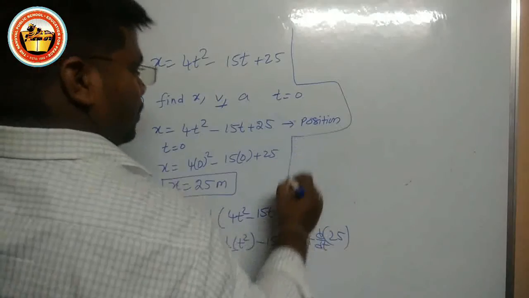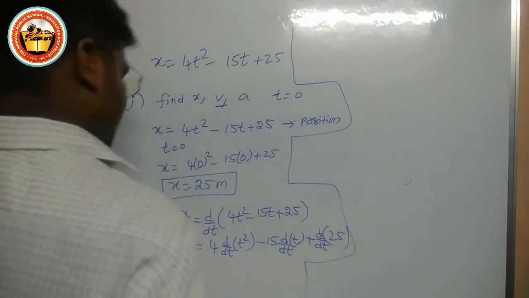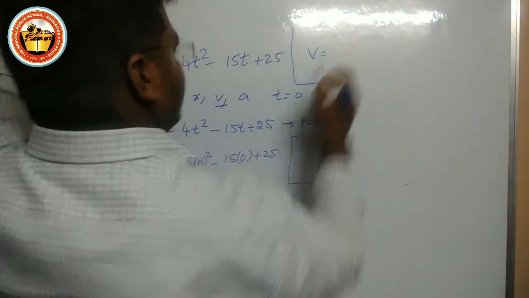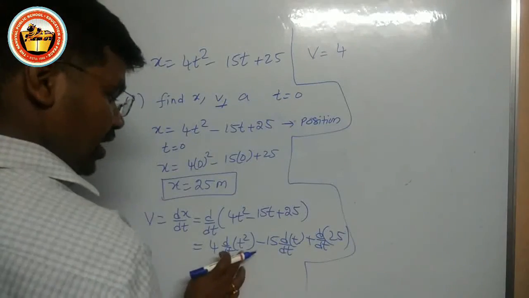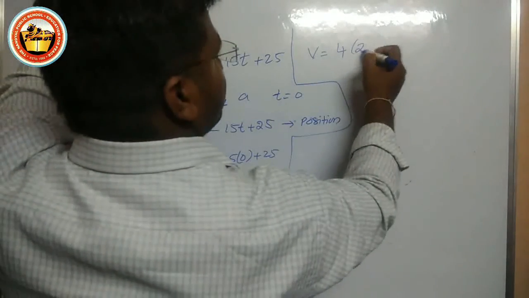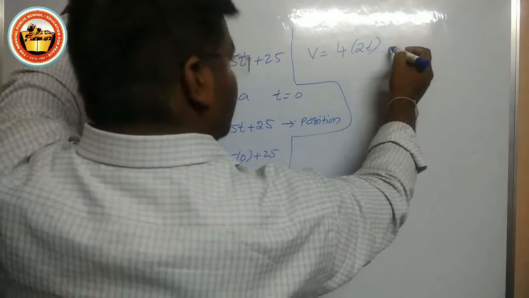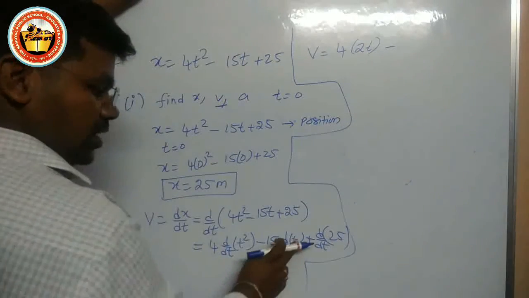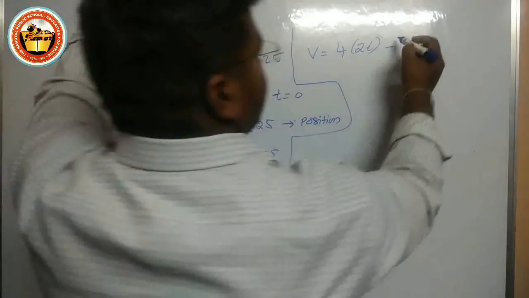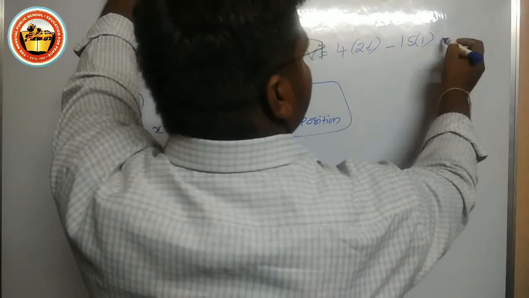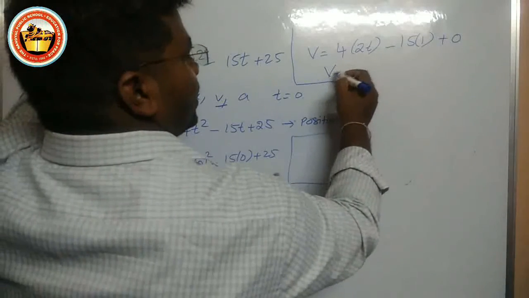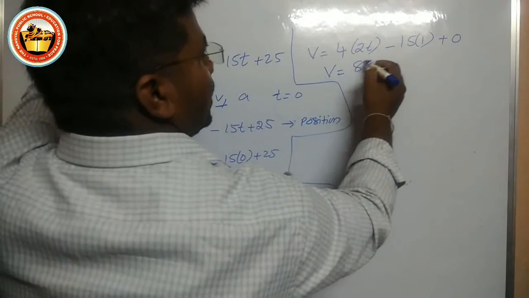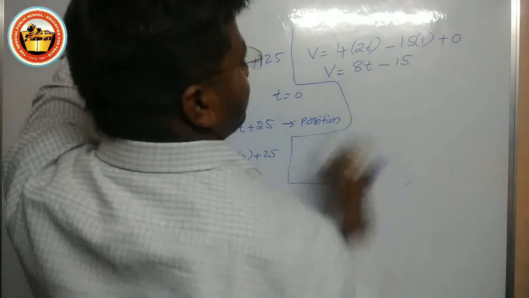V is equal to 4 into 2t minus 15 into 1, and the constant 25 is just a number, so we get 0. V is equal to 8t minus 15.